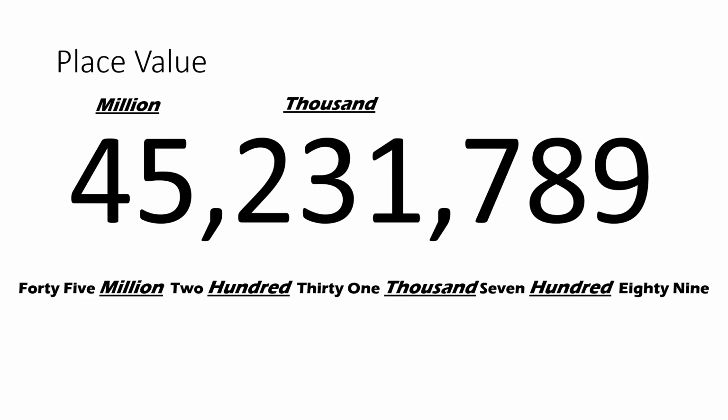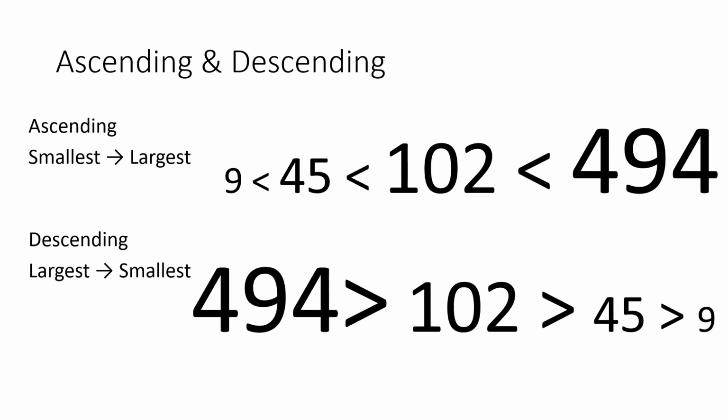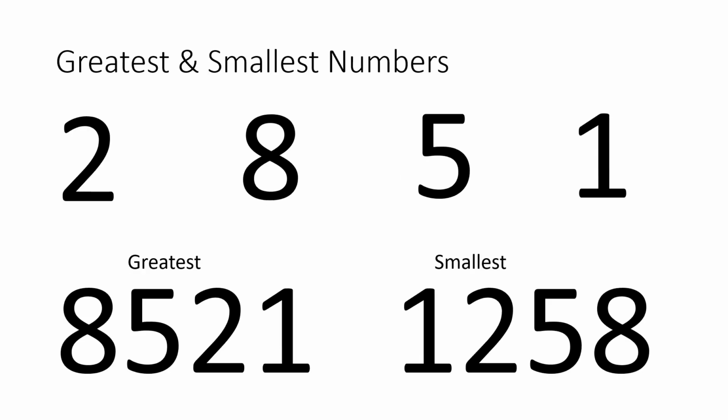So how to read in both systems, and then we moved on to comparing numbers, where we discussed two simple tricks to understand which number is bigger and smaller. And then we studied how to arrange numbers in ascending order and descending order. And then finally we concluded with learning how to make the greatest and smallest numbers out of the digits.